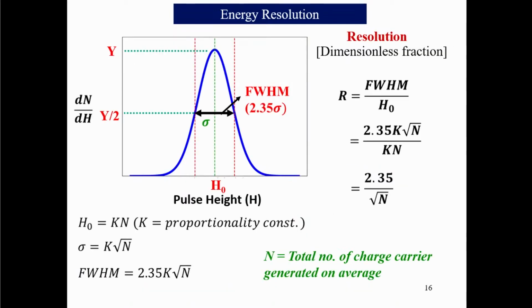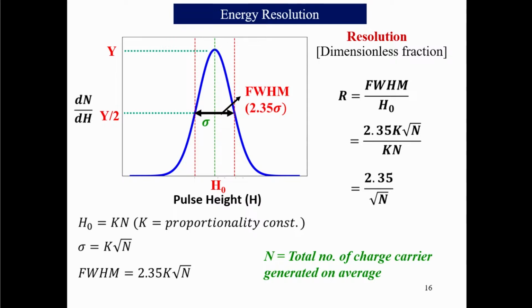So, for example, you have a distribution like this and the mean pulse height is around 80. You define a property called full width at half maxima, FWHM, which is 2.35 times sigma, where sigma is the standard deviation. Okay.